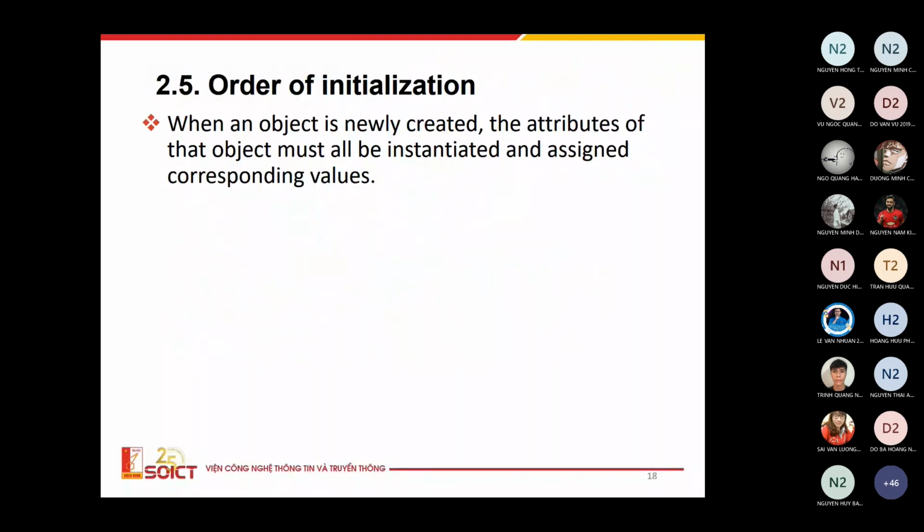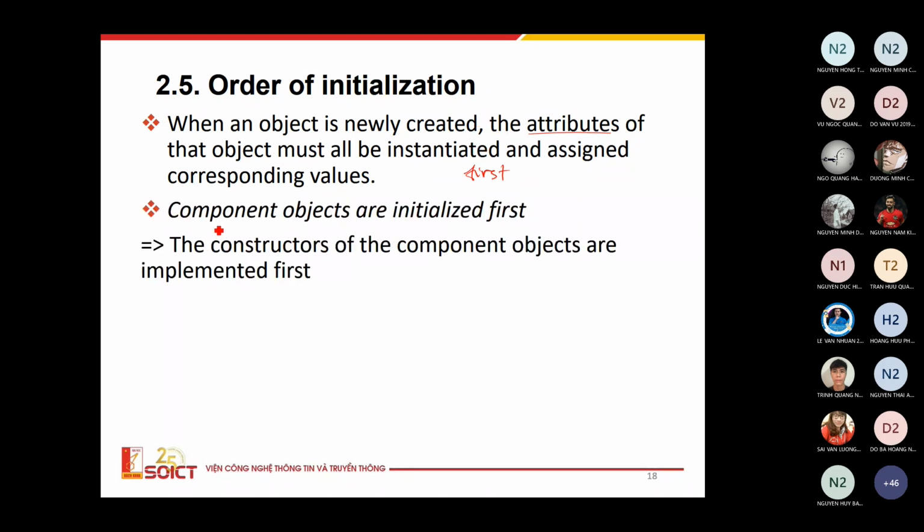So what is the order of the initialization? That means when an object is created, of course, the attributes of this object must be initialized first. So the order of the initialization is that the component objects will be initialized first, and then the real object last.